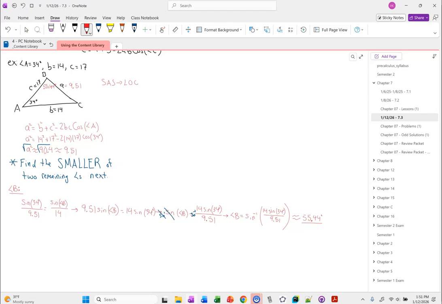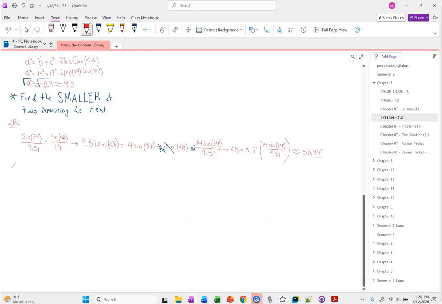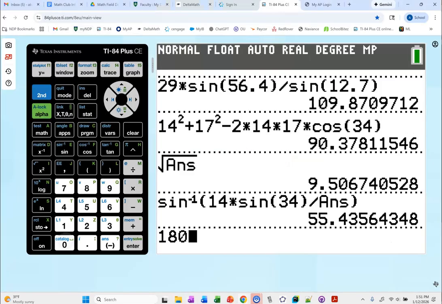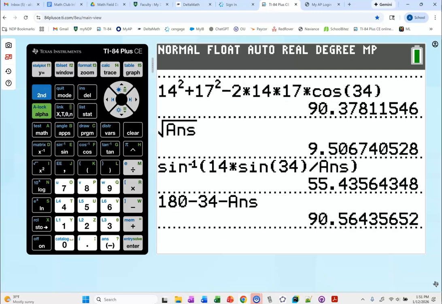And then to find angle C is super easy because we have two of the three angles. So it's 180 minus 34 minus answer. So 90.56.